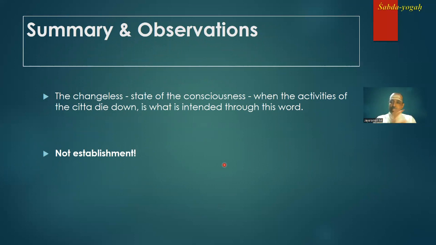Establishment. That is the general translation, but nowhere in the commentaries do we see the meaning establishment being given. Even going by the etymology, avasthanam is derived from the root stha, which means absence of movement, just being there. So it is not being established, just being in the pure conscious nature.